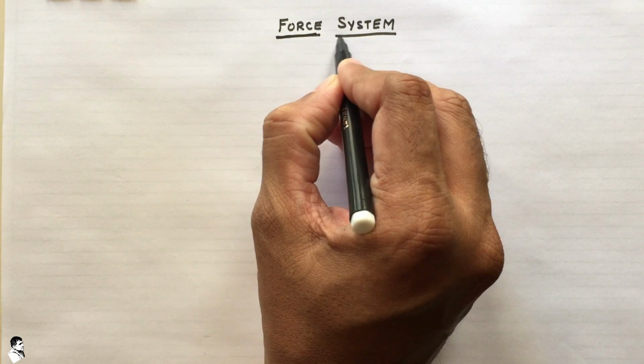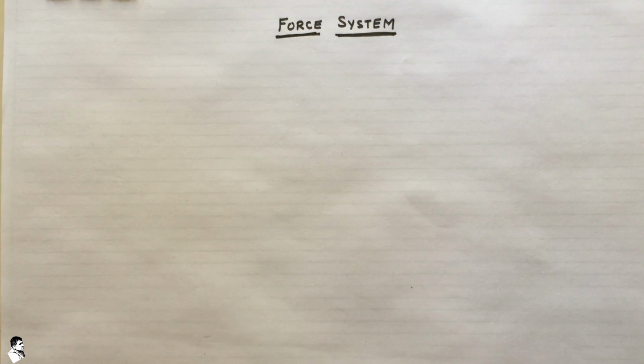Force system. Up till now, when we say any force acting on a particular body, it is not only one force acting, but there are many forces acting on a body simultaneously.